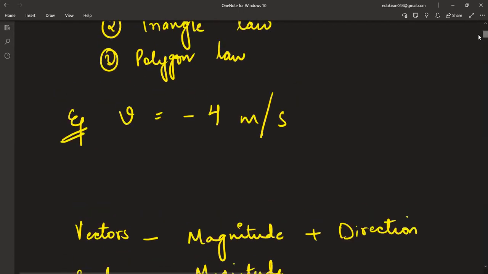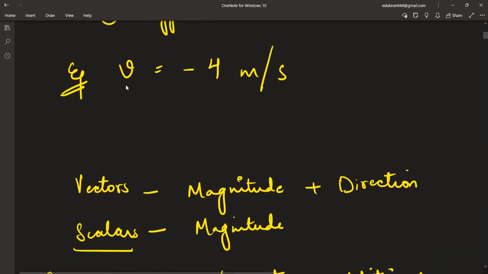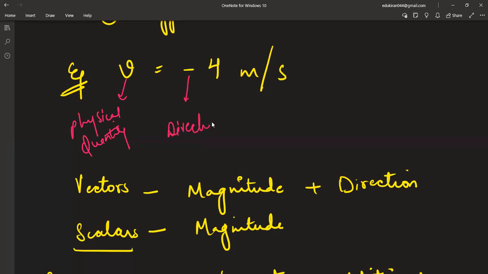Like v is equal to minus 4 meter per second. Velocity is a physical quantity, right? The equal to sign is a mathematical operation. The negative sign is telling me the direction. Remember, in relative velocity, we used to have our final answer as minus or plus, and whatever sign convention you have chosen, this tells you that exact direction.